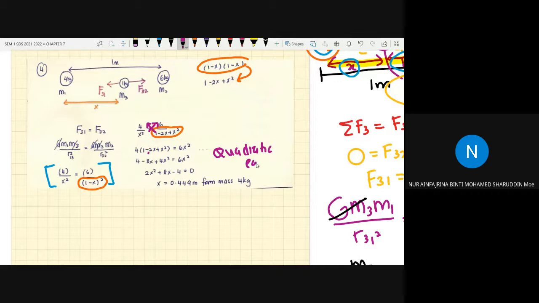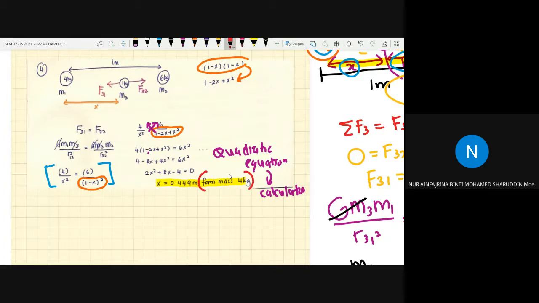Bila Miss dapat quadratic equation, Miss akan masukkan ke dalam calculator. So when I press my calculator, I will get one value of x which is 0.449 meter from mass 4 kg. Korang wajib tulis from mass 4 kg.